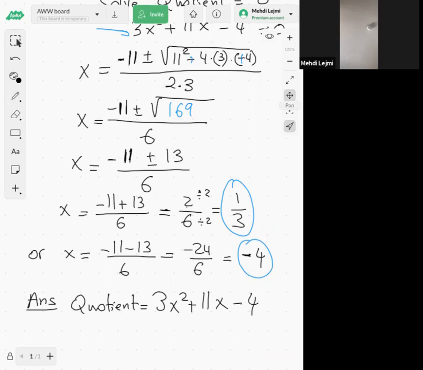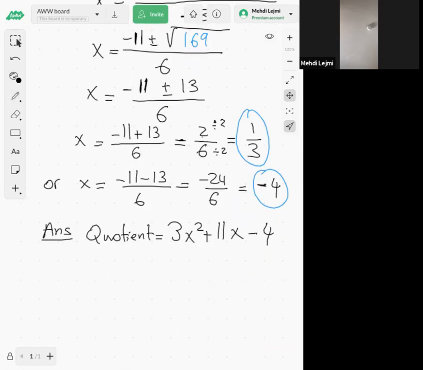So then the factorization of this quotient is going to be x minus the first solution, times x minus the second solution, right? So my solutions are 1/3 and negative 4.